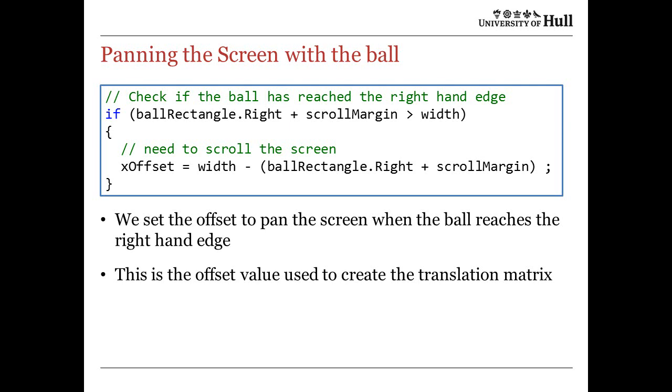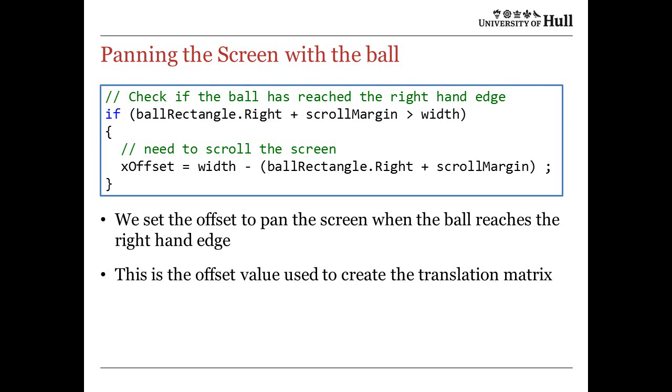If we're going over the edge, make the offset, pull the screen back to make the ball stop at that edge. And this is the code you need, just steal it. Okay? Because this will work. And so what happens now is if the ball flies off the screen, doesn't matter, the offset will pan the entire viewport across to track it.